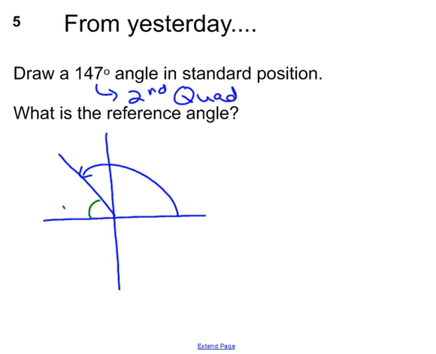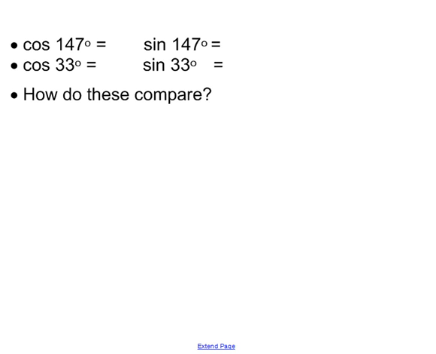So that is my reference angle. And I want to figure out what that measures. So all I have to do is realize that if I were to go all the way across, that would be 180 degrees. And so if I take 147 away from 180, I am left with 33 degrees. So that is my reference angle.